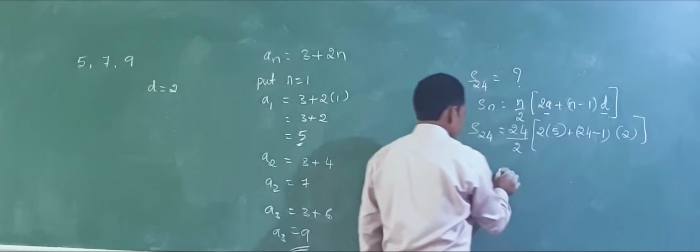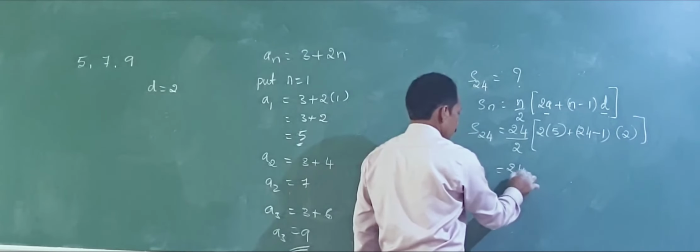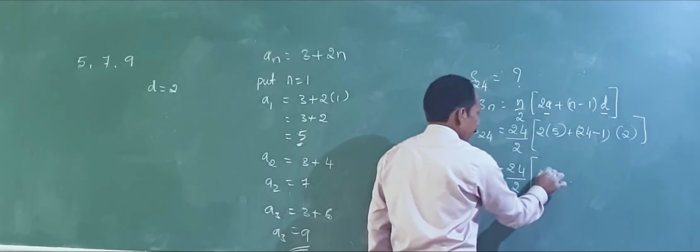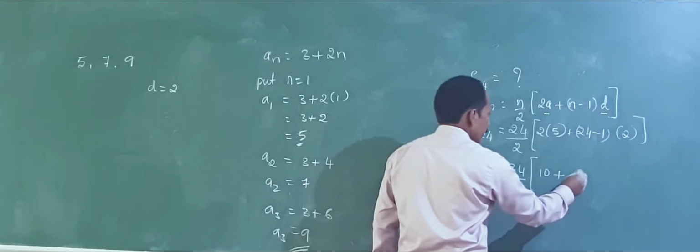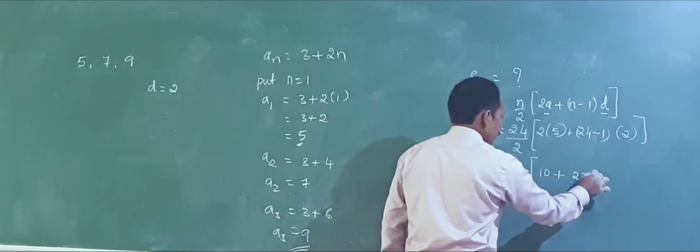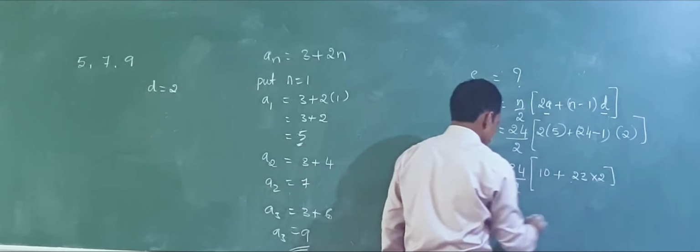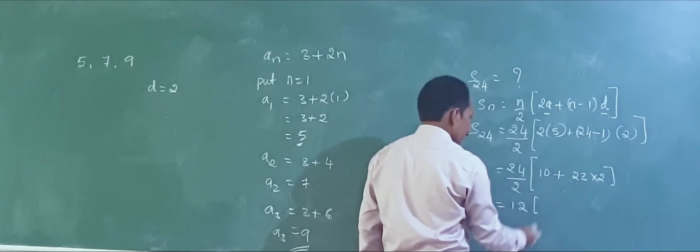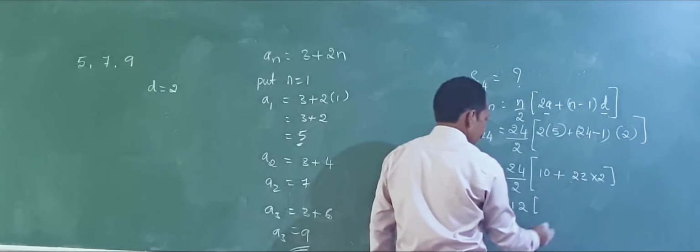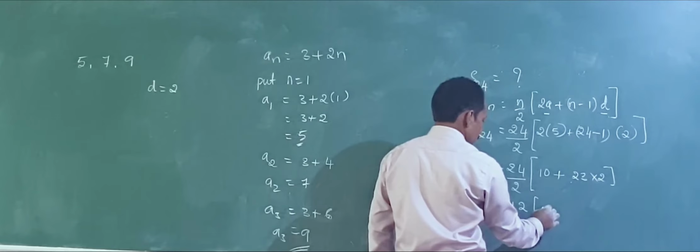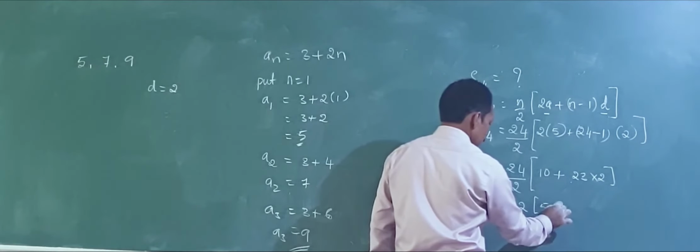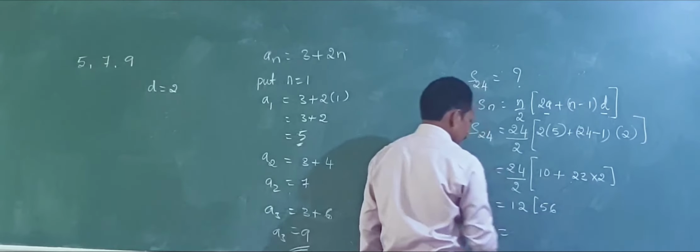So 24 divided by 2, that is 12, into 10 plus 23 into 2. I'll write directly 12 into 10 plus 46, that is 46 plus 10, 56. So 56 into 12.